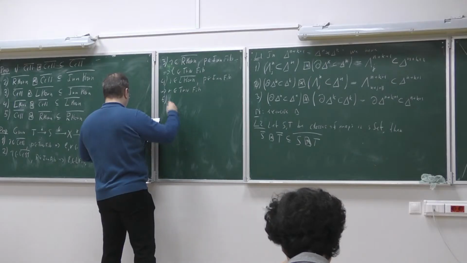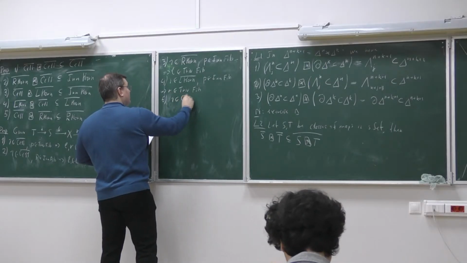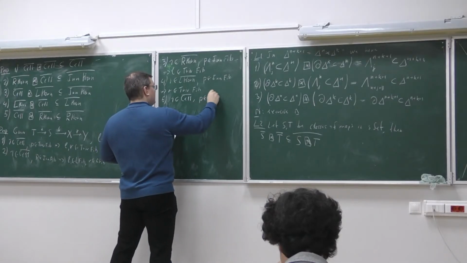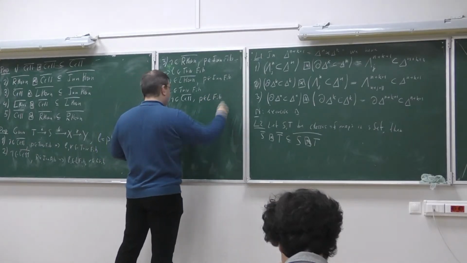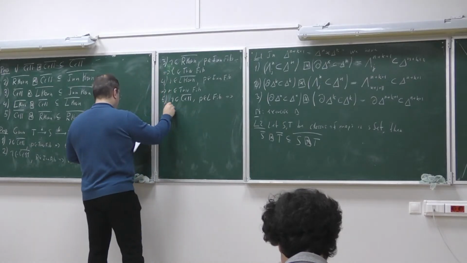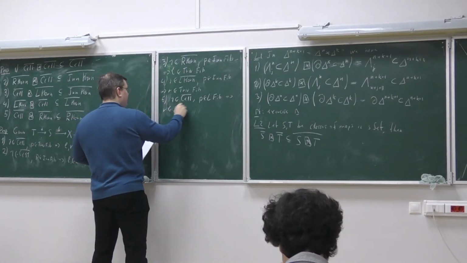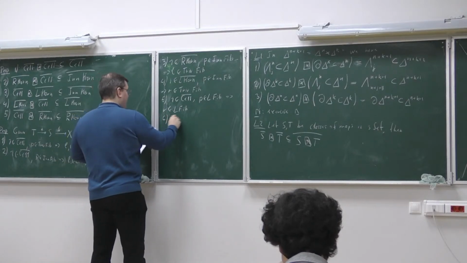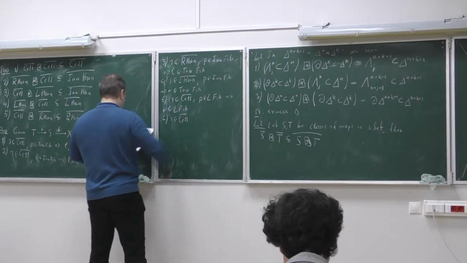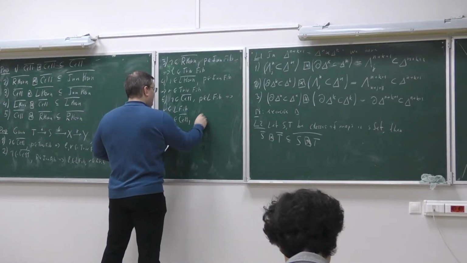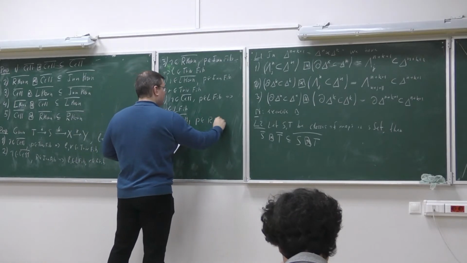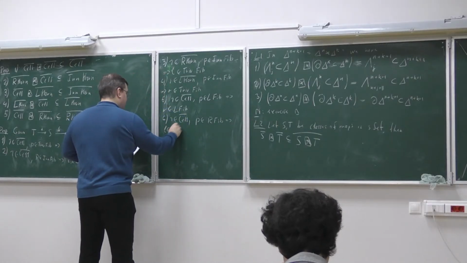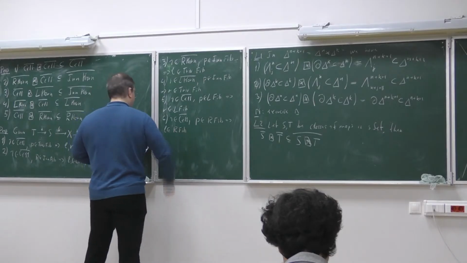In 5 I assume that I is a monomorphism and P is a left fibration, so this implies that R is a left fibration. And finally, 6: I is a monomorphism, P is a right fibration. This implies that L is a right fibration.